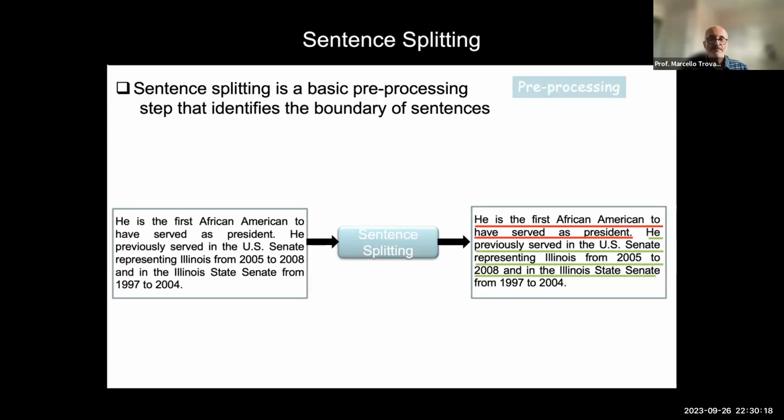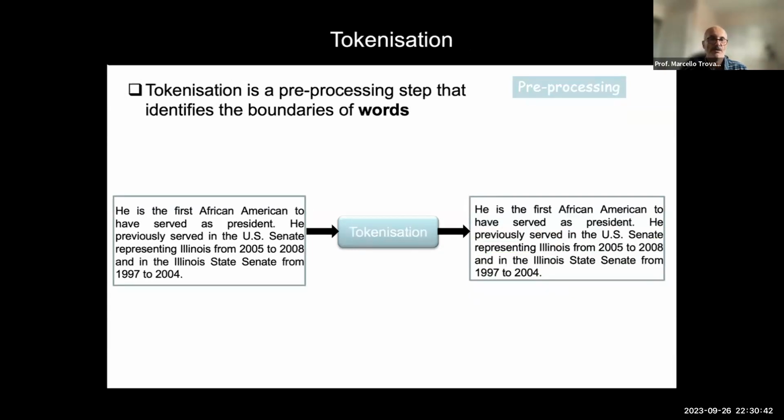Remember that at first, a system wouldn't know what it's doing. It wouldn't know what a word is, what a sentence is. But now we have identified all the different sentences. It's an easy problem.